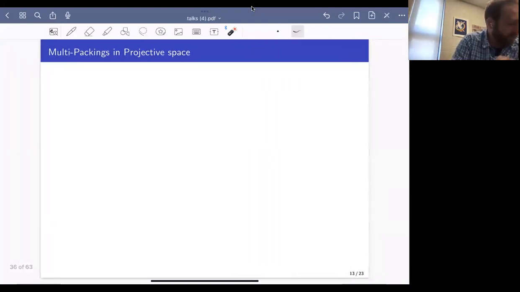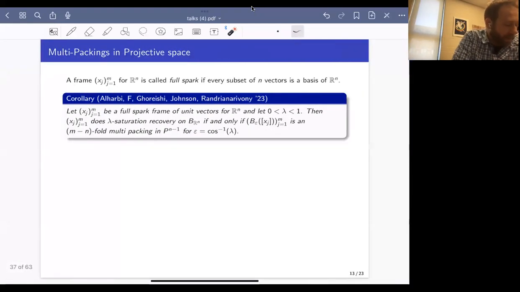Talking about packings in projective space, what do multi-packings in projective space correspond to? Let's consider a frame being full spark as meaning every subset of at least n vectors spans Rn. And so most frames are full spark.